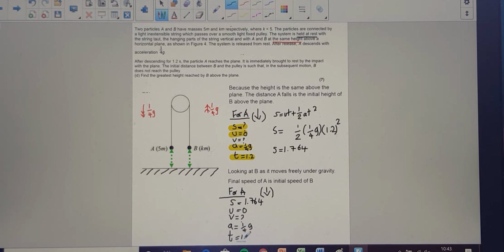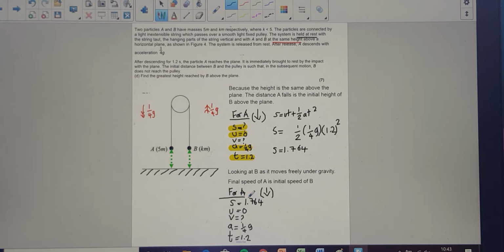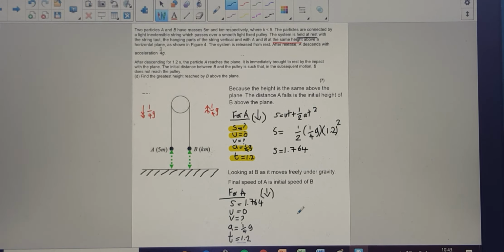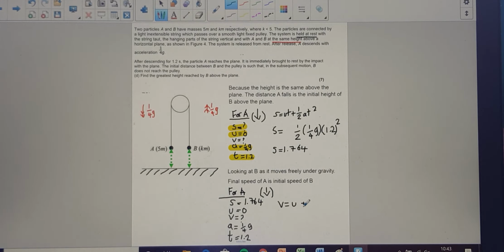So I could use pretty much any equation I want. I'll stay clear of S if I'm honest, just in case I made a mistake on S, because I'd like to get some accuracy marks. So now I'll use U, V, A and T. V equals U plus AT, and V is already the subject. U is 0, which makes my life easier.